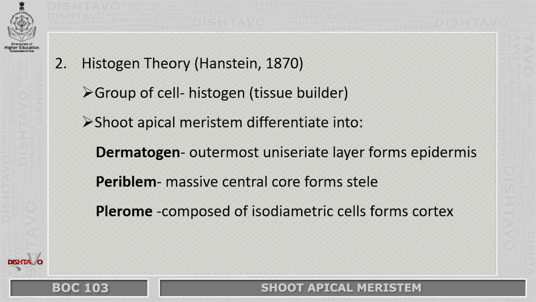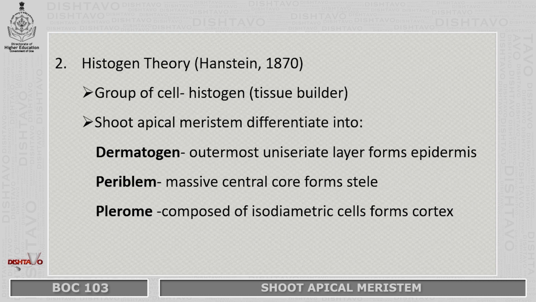There are three important histogens: dermatogen, periblem and plerome. Dermatogen is the outermost layer. It is uniseriate, that is a single layer, which later differentiates into epidermis.